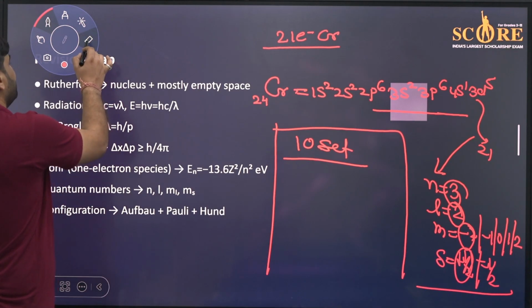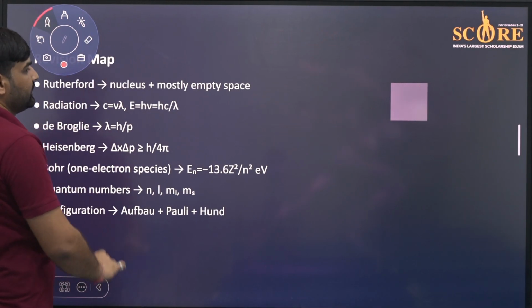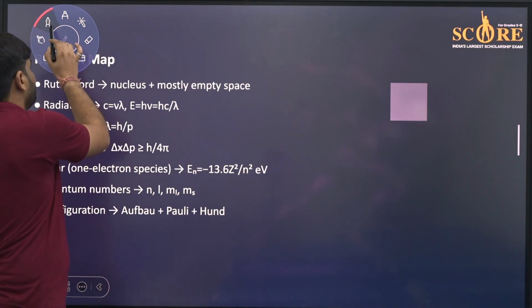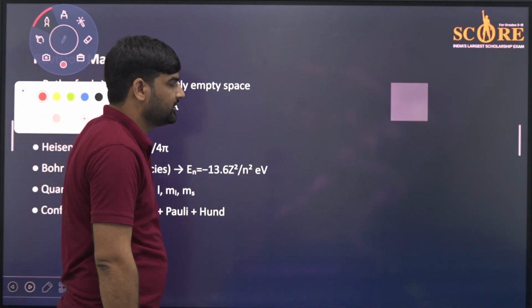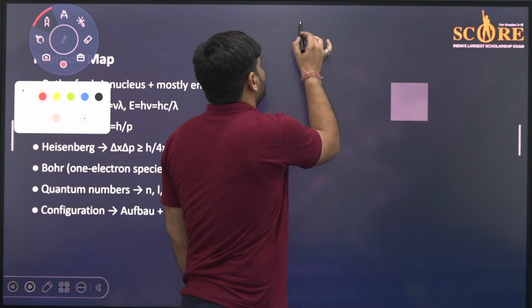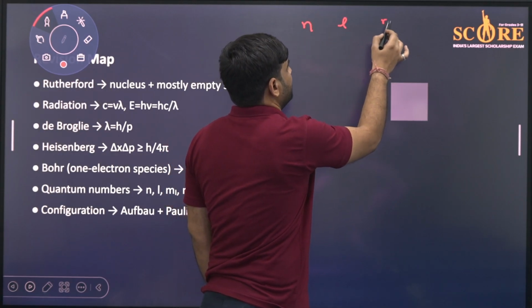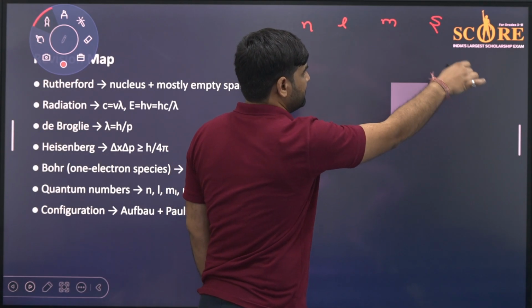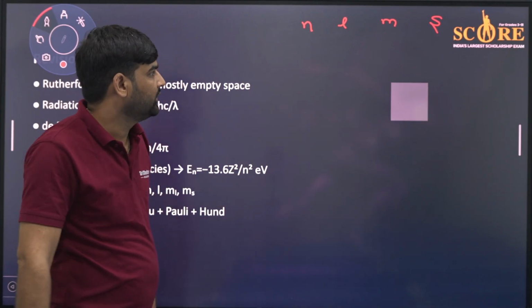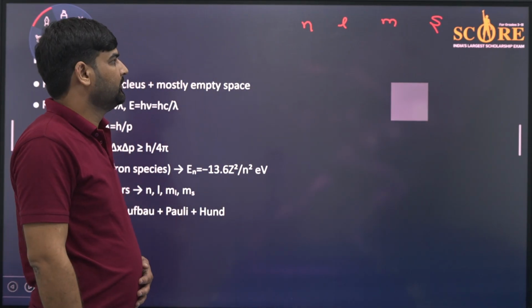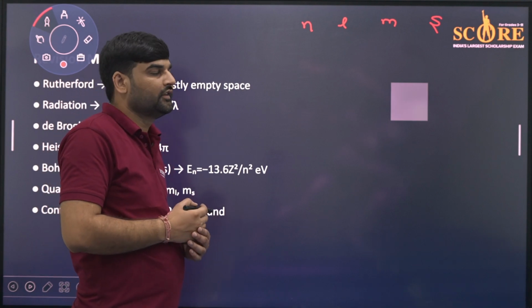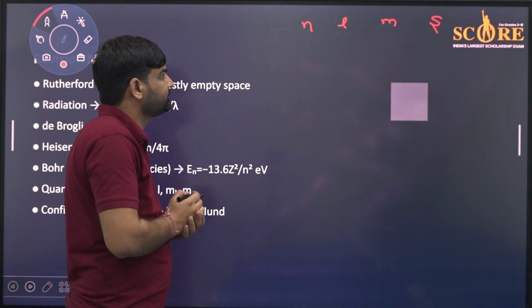Next question is that you have to find which quantum number set is incorrect. There are N, L, M and S: principal quantum number, azimuthal quantum number, magnetic quantum number and spin quantum number.